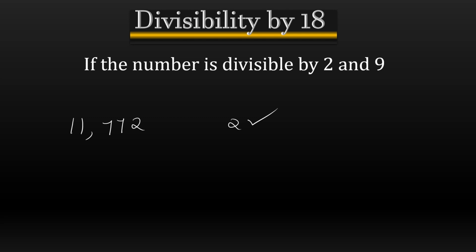We have to check the divisibility rule of 9. For that, we have to add the digits of the number. That is, 1 plus 1 plus 7 plus 7 plus 2 is equal to 18. 18 is a multiple of 9 and hence it is divisible by 9. So, it is divisible by 2 and 9 and hence 11,772 is divisible by 18.